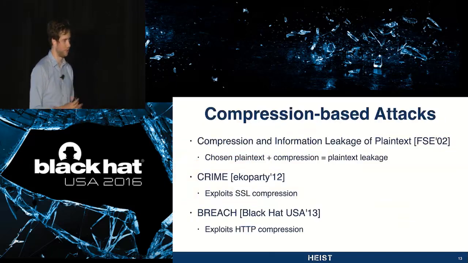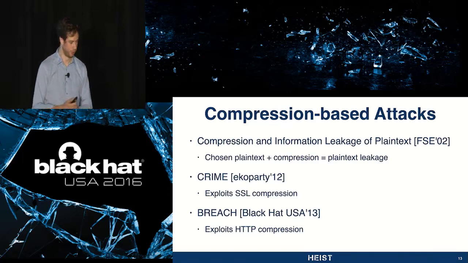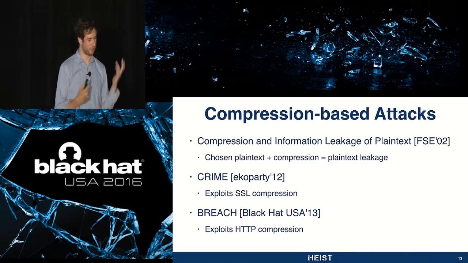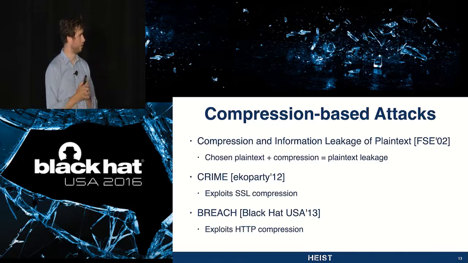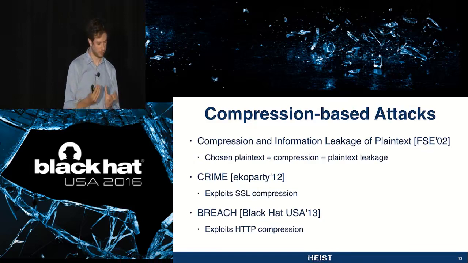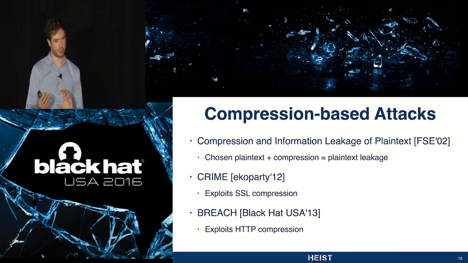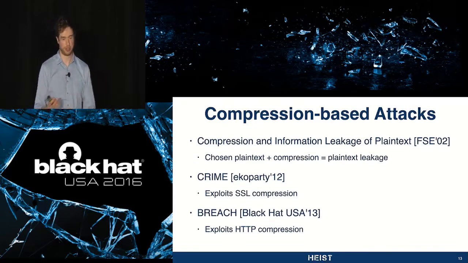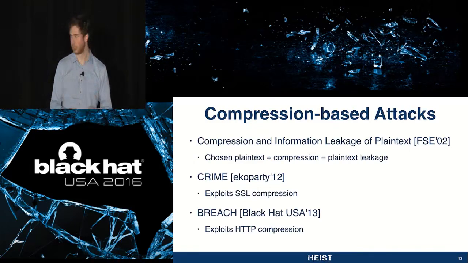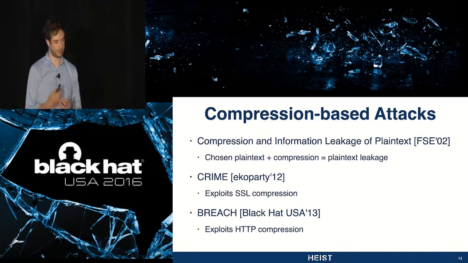So that basically sums up how compression-based attacks work. These attacks are actually not very new. They've been known since 2002, when someone at an academic conference mentioned that by combining plain text information of the attacker's choice with some secret information, and the complete document is compressed, this allows for the leakage of the plain text secret.